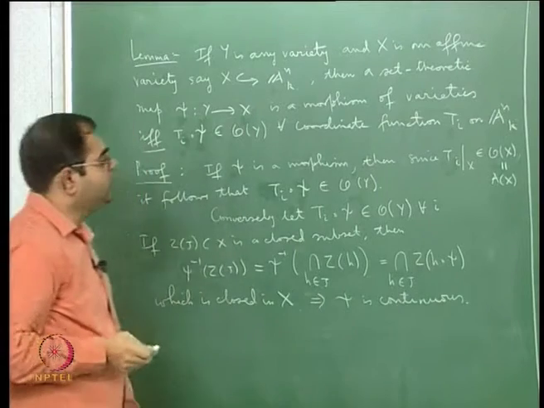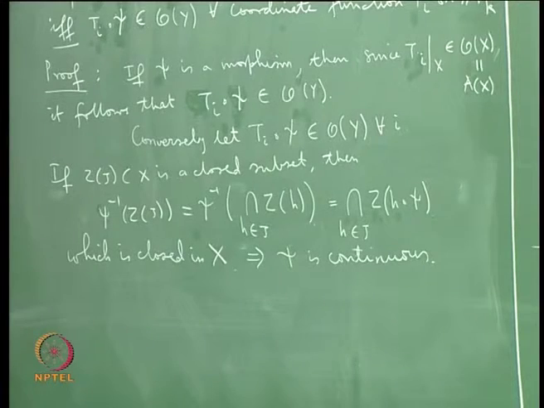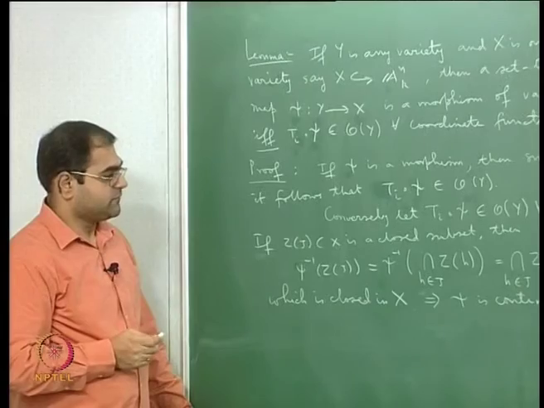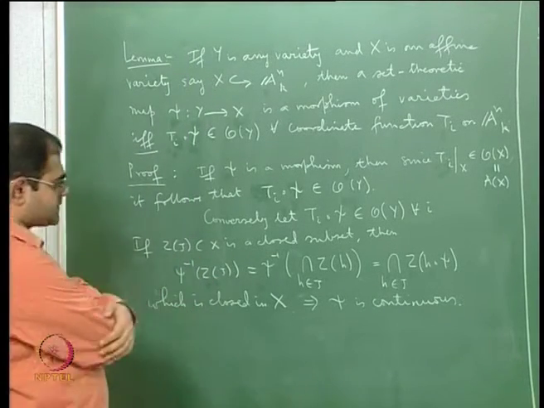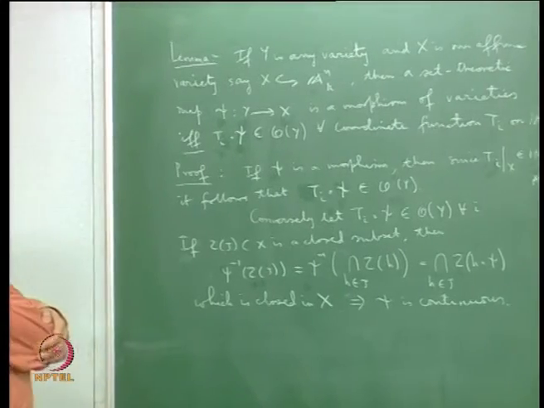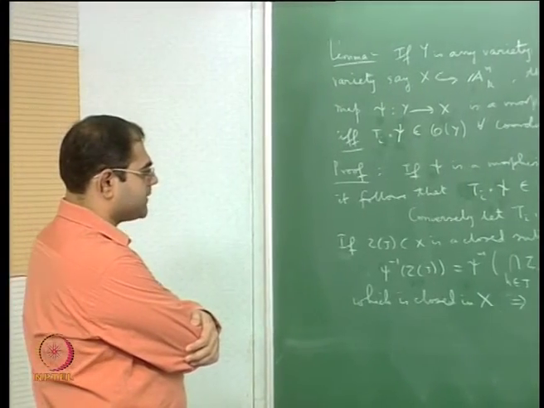Okay, now the only other property that I have to check in order to ensure that psi is a morphism is that it pulls back regular functions to regular functions. Now there's a small hitch here in my argument.